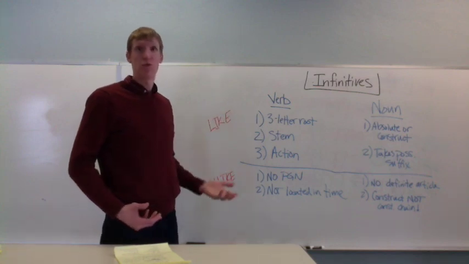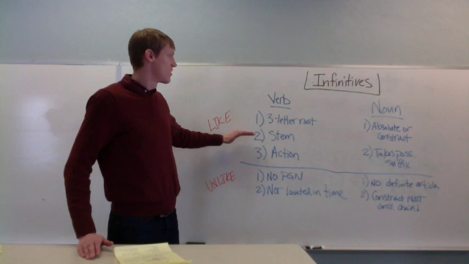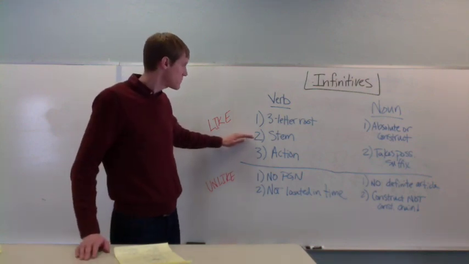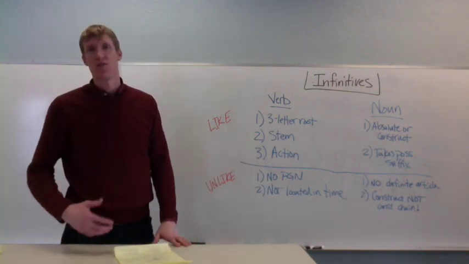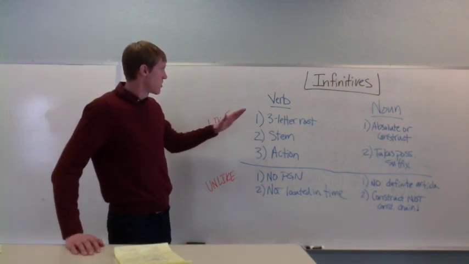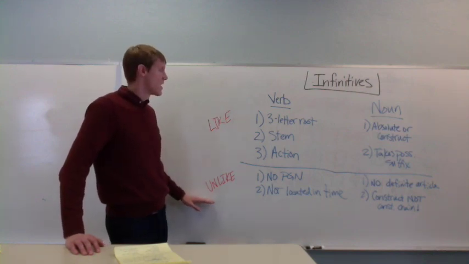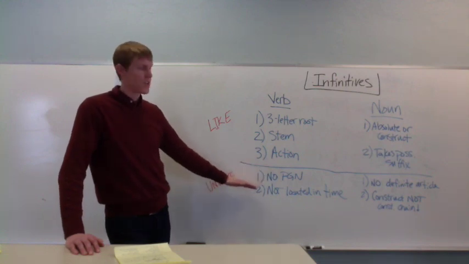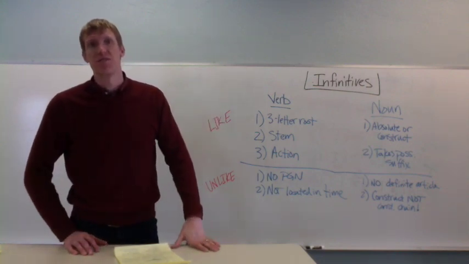That three-letter root will be expressed and animated through a very specific stem sign or vocal pattern. And they're also like verbs in that they communicate action of some sort, or perhaps a state of being. But infinitives are unlike verbs in that they don't have a person, gender, and number, and they don't locate the actions in a specific kind of time.